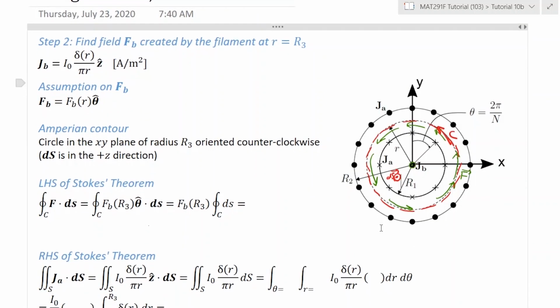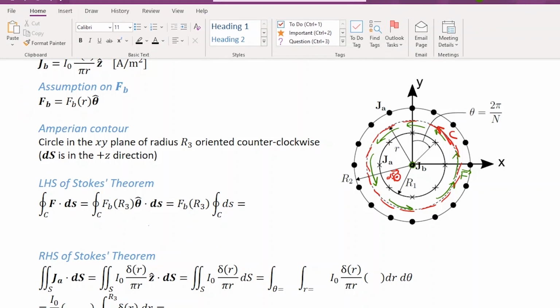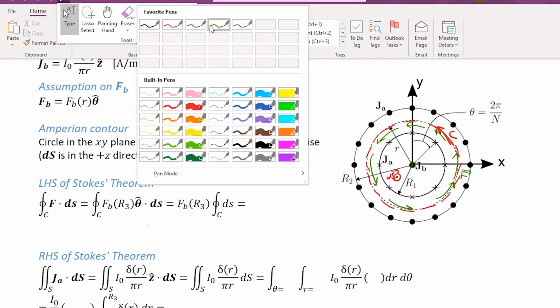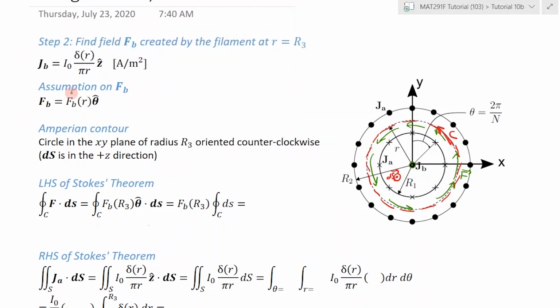The left-hand side of Stokes' theorem looks very similar to before. Oh no, green, should be green. I just took this and plugged it in here. And I also plugged in r equals r3 because we are on the contour when we're integrating. I took this out of the integral.